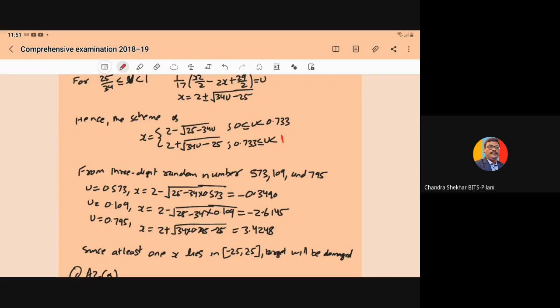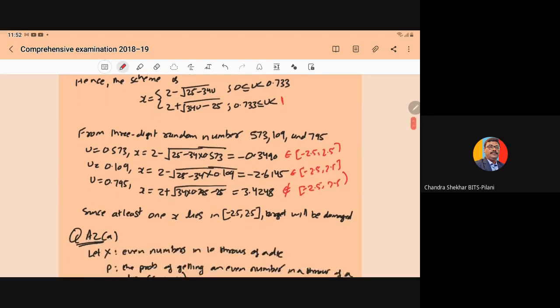So here we can see this belongs to the range minus 2.5 to 2.5, this also belongs to the range minus 2.5 to 2.5, and this does not belong to the range minus 2.5 to 2.5.